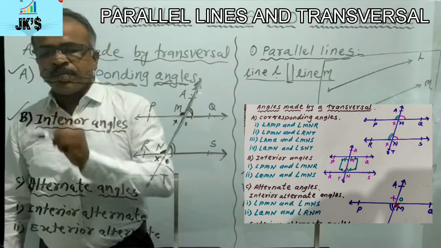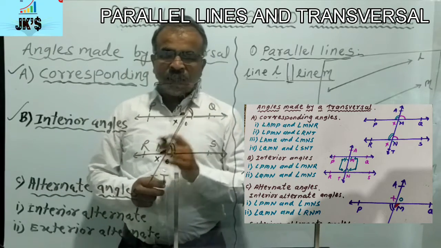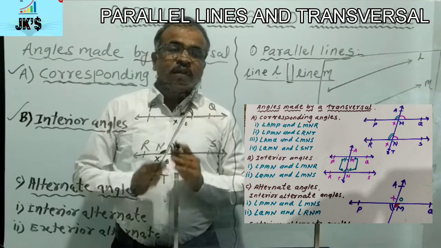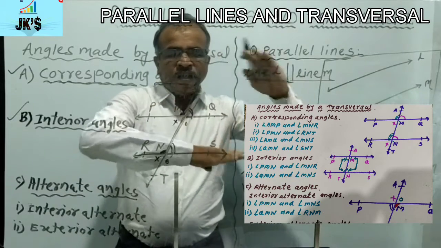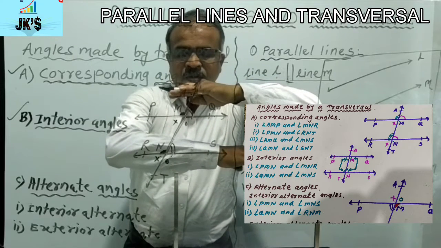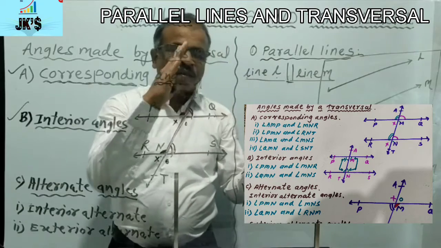Now the second type, that is interior angles. Interior angles: the angles that lie on the same side of the transversal and in between the 2 lines. Inside the lines and on the same side.